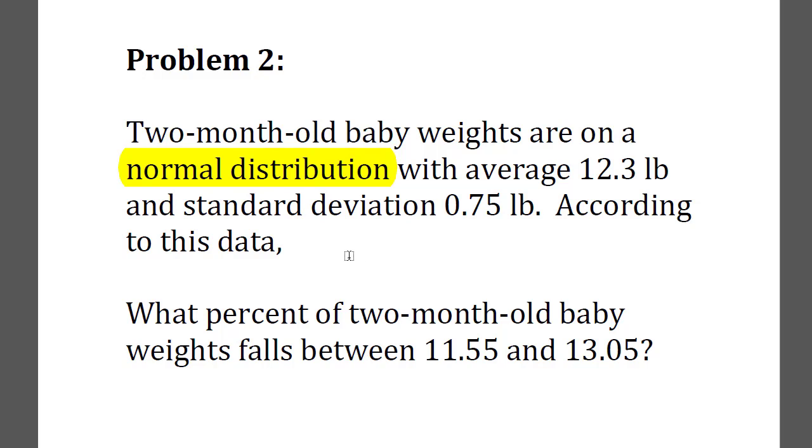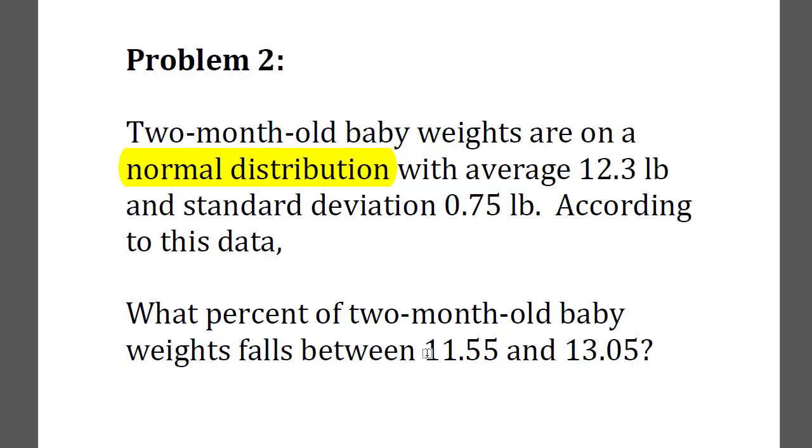Let's say somebody else already verified it, made histograms with a whole bunch of bars, and came back to tell us that this data is known to be on a normal distribution, or a bell curve. As long as you know you're on a bell curve, finding the answer to this question is easy.